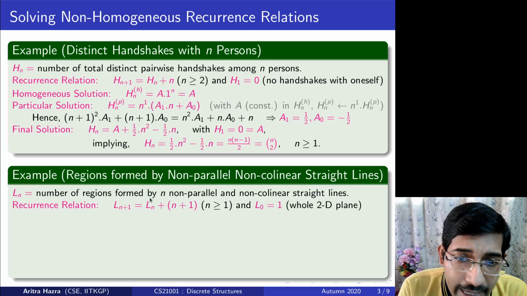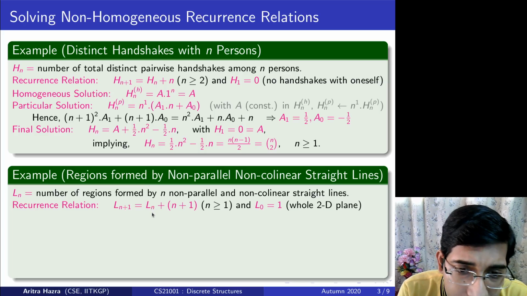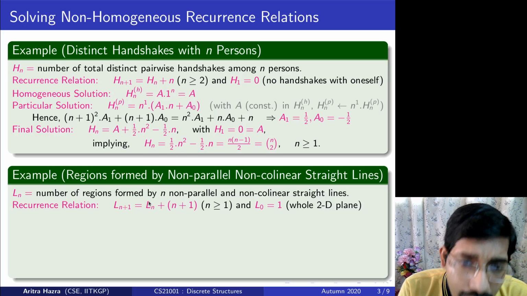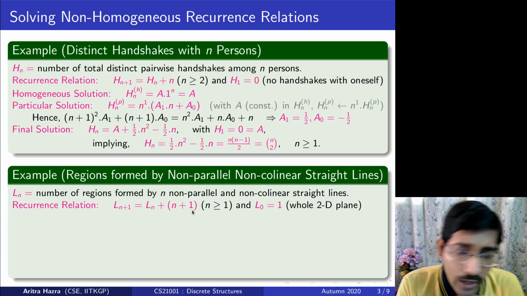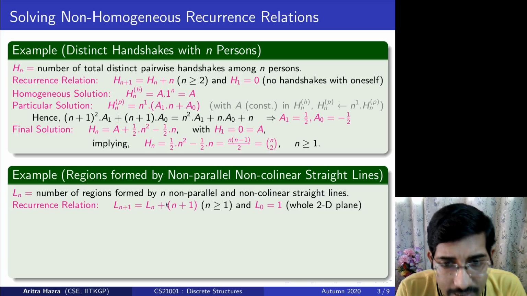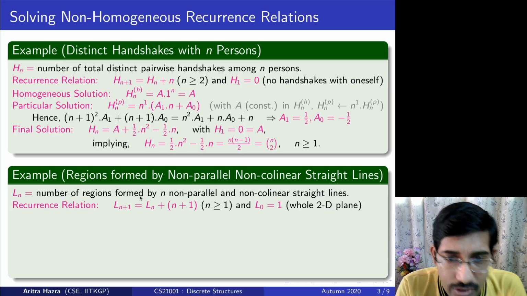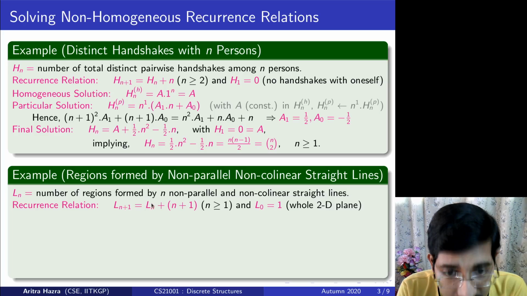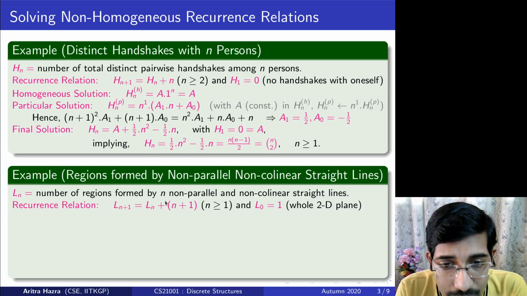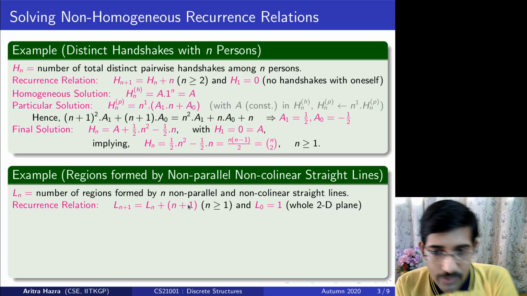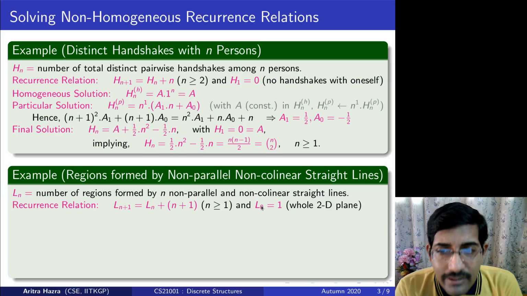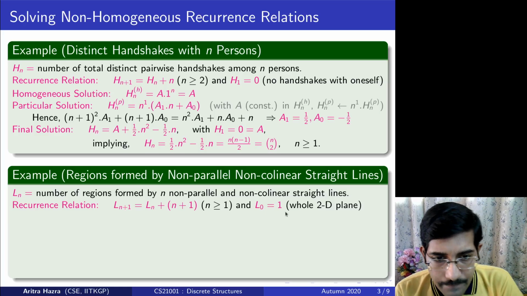So there are n lines. While going for intersection, it increases n, and while leaving the last part, it increases 1. So in total n plus 1 regions are added with respect to whatever is present. So this will be L n plus n plus 1, where if there are no lines, there is only one region, the whole 2D plane.